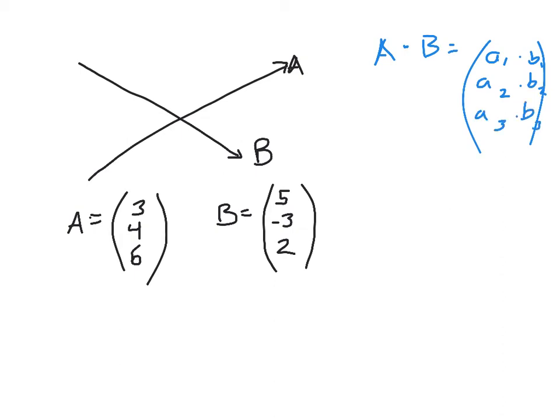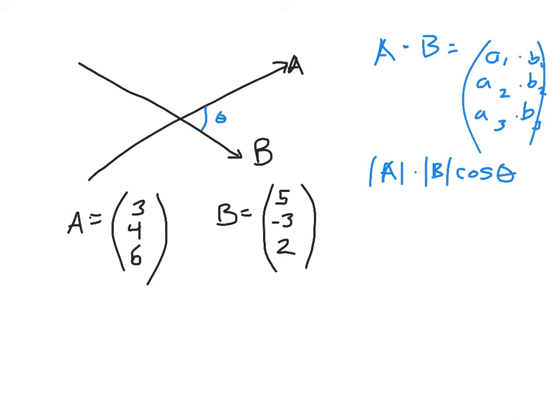But we want to find, say, the angle between our vectors here. And what we need to do is compare this result with the magnitude of A times the magnitude of B times cosine of theta.